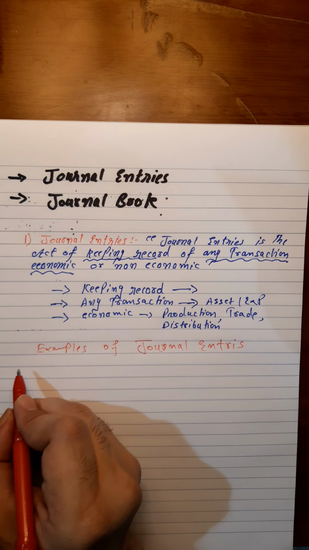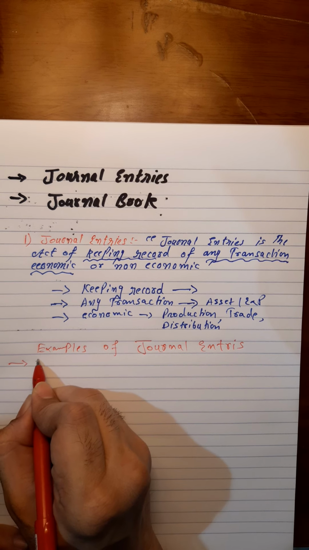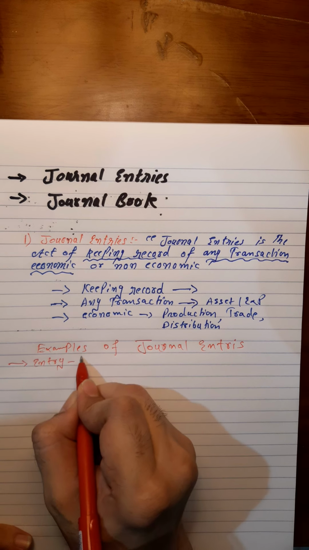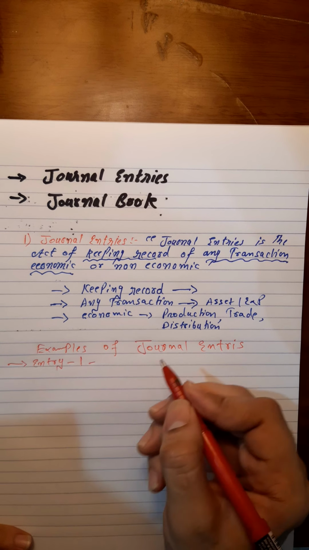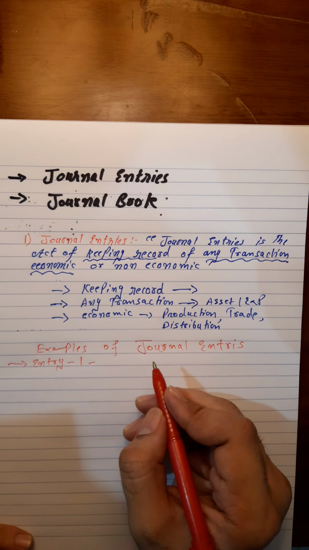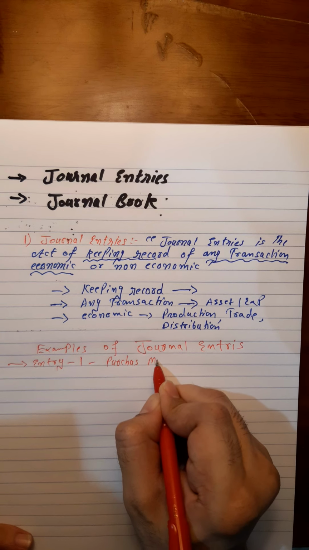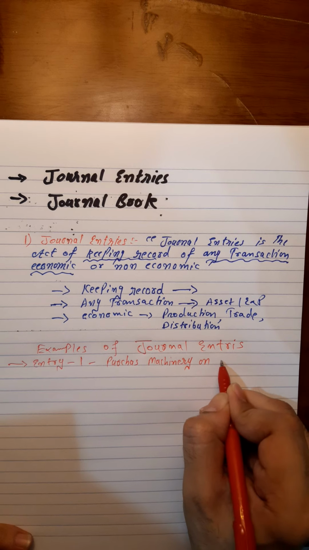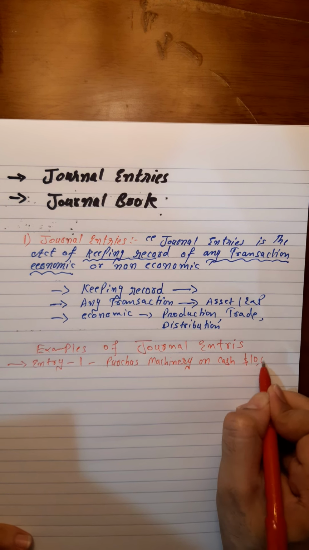We have entry or transaction number 1: purchase machinery on cash, $10,000.